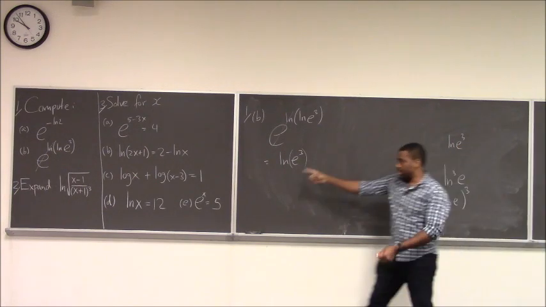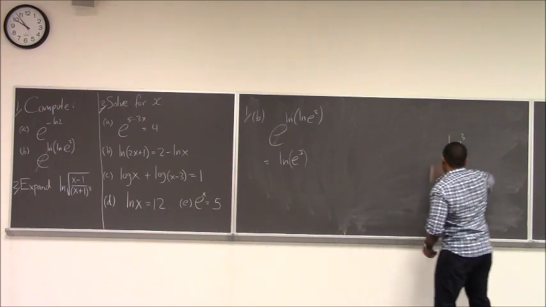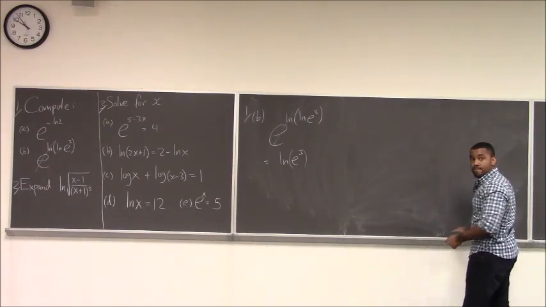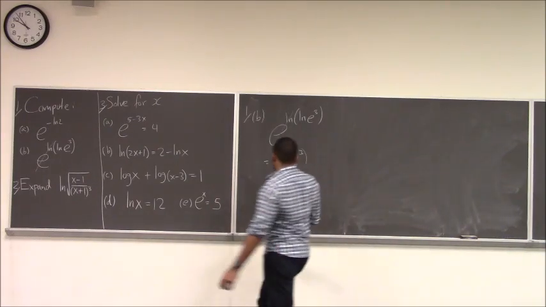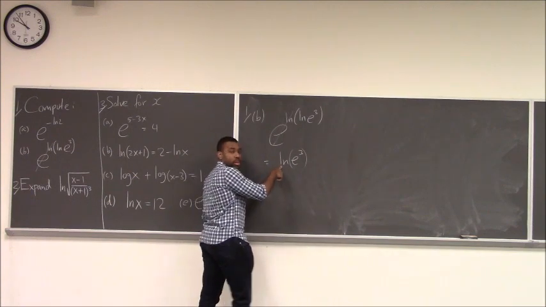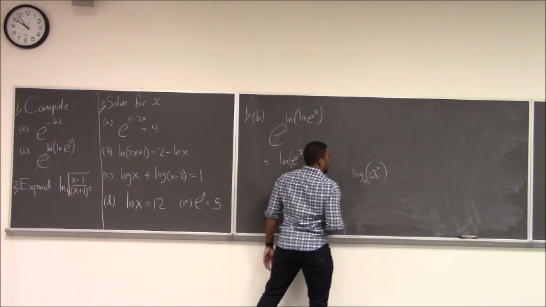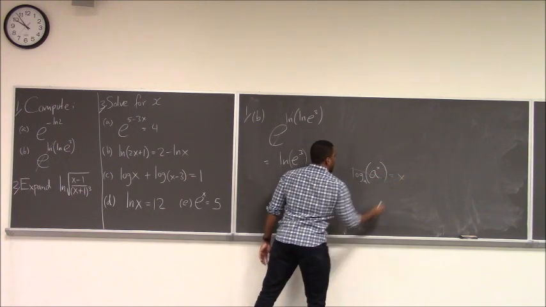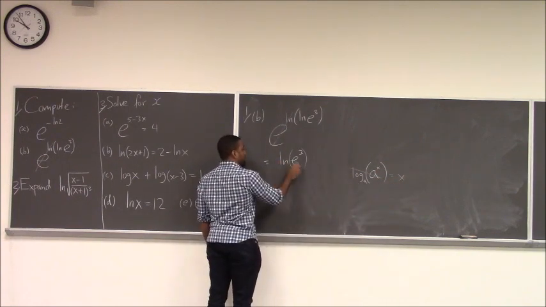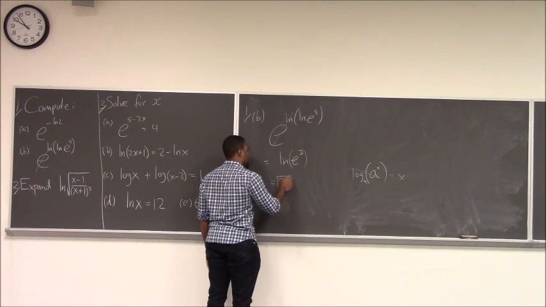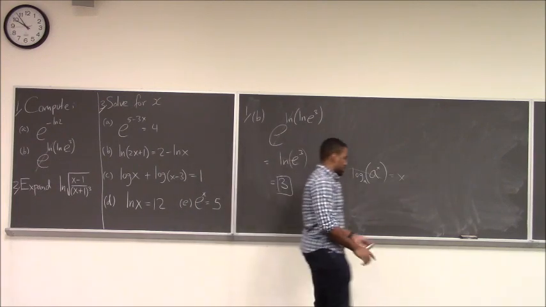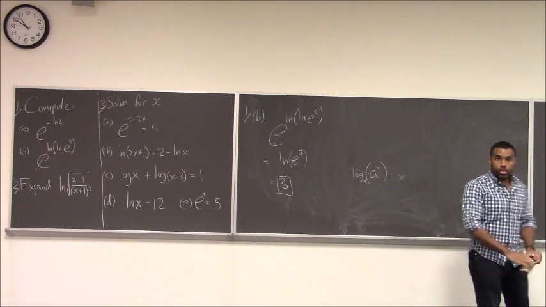So now that you know it's that, what do you say? 3? It's 3, because now the other rule applies, where we have a log and the base, and those will cancel and give you x. So here, ln of e cancels, and gives you 3 as the answer. That's just a very fancy way of writing it.